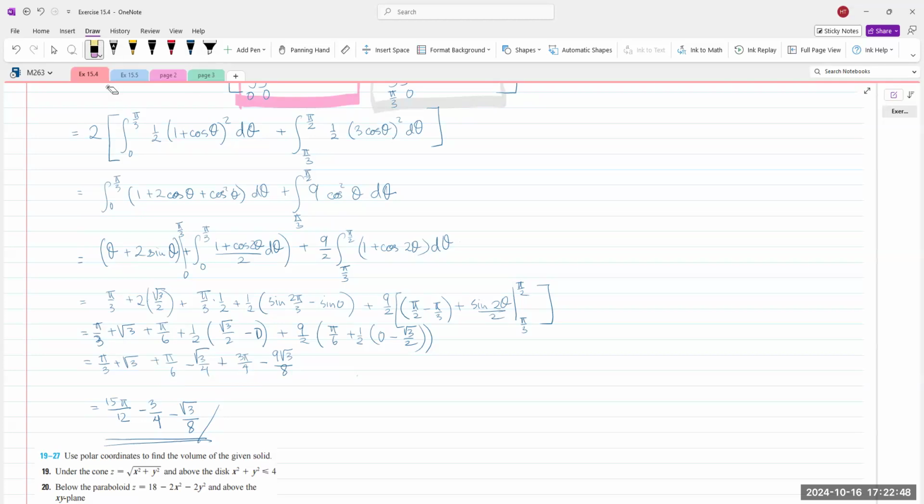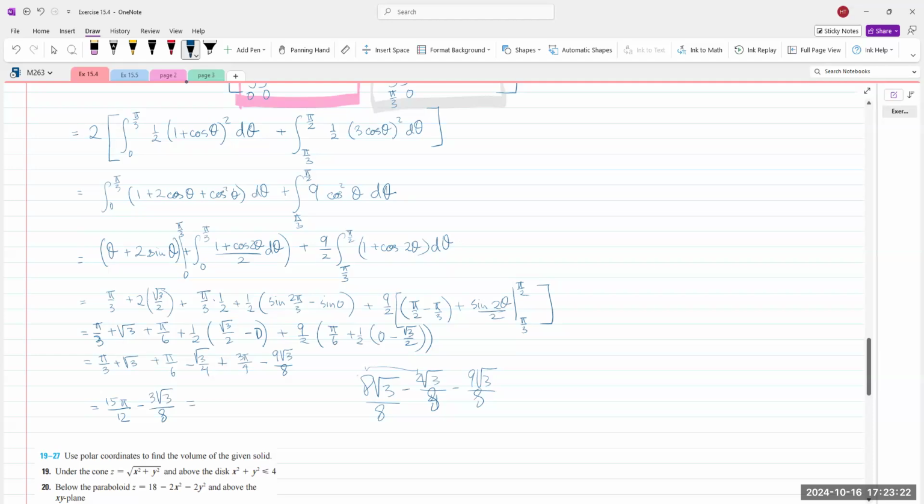I think my pi is okay. No, I don't have this thing. So radical 3 minus radical 3 over 4 minus 9 radical 3 over 8, times 2 becomes 8 over 8. So 8 minus 2 is 6, minus 3 minus 9 is negative 3, radical 3 over 8.